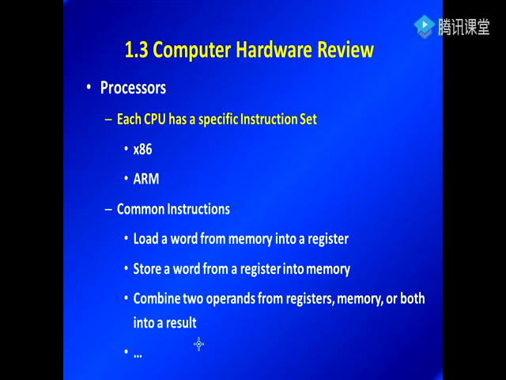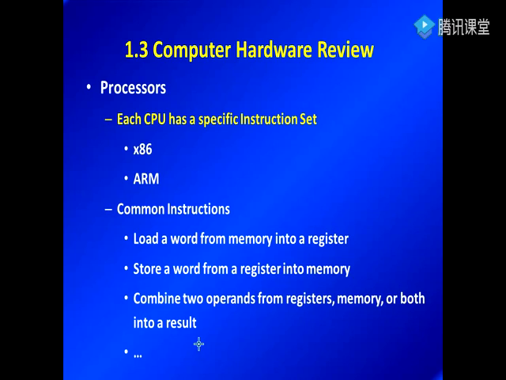when you buy a computer without an operating system, the manufacturer of the computer has no idea what kind of operating system will be installed on this computer, right? So the hardware might be x86 or might be ARM.